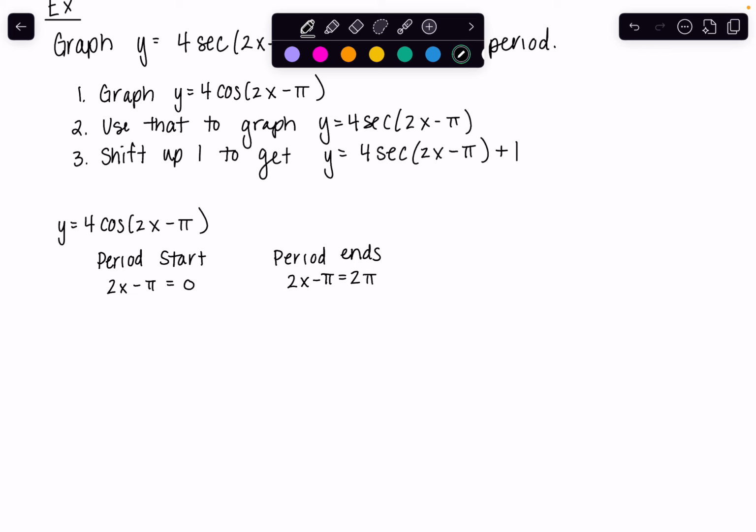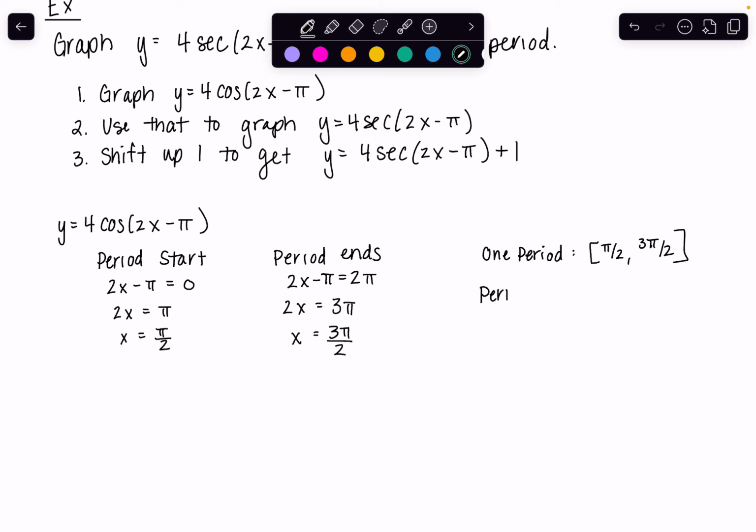So that takes us 1 revolution around the unit circle. Solving for x in each of these, we just add pi over. That's 2x equals pi. So x is equal to pi over 2. Adding pi in this case gives us 3 pi. So x is equal to 3 pi over 2. So 1 period is going to be graphed over the interval pi over 2 to 3 pi over 2.